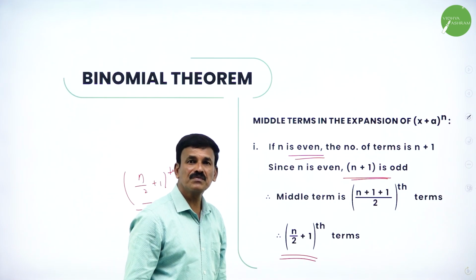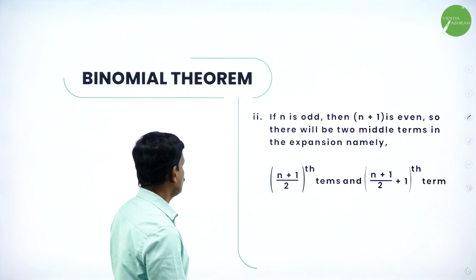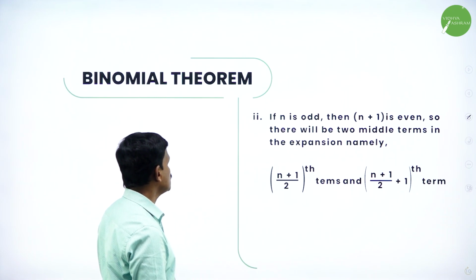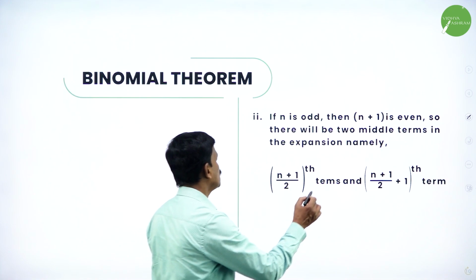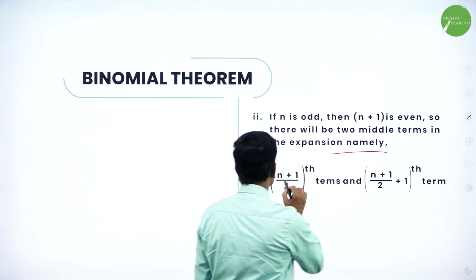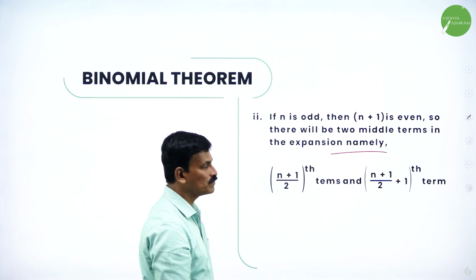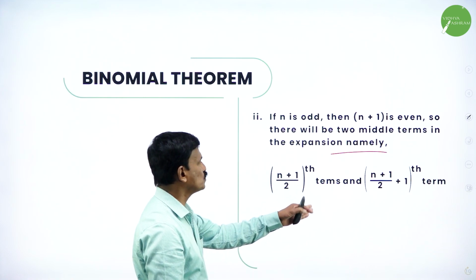Okay. Now suppose n is an odd number. Then n + 1 is even, so there will be 2 middle terms in the expansion, namely the ((n + 1)/2)th term and the ((n + 1)/2 + 1)th term.